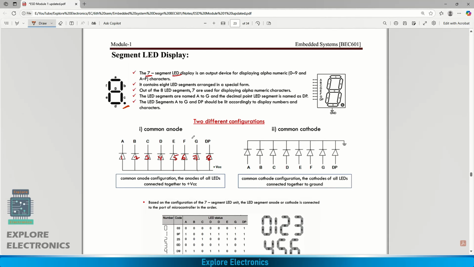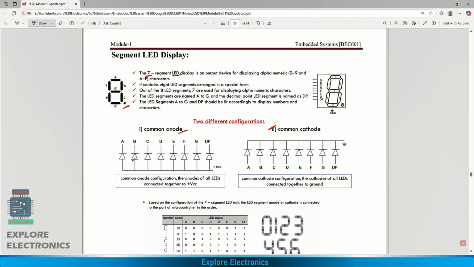Now, similarly to the previous LED, where we understood current sinking and current sourcing, here also the same functionality works. If you control the LED turn on and turn off using the cathode or the anode, there are two different types. One is common anode, another one is common cathode.